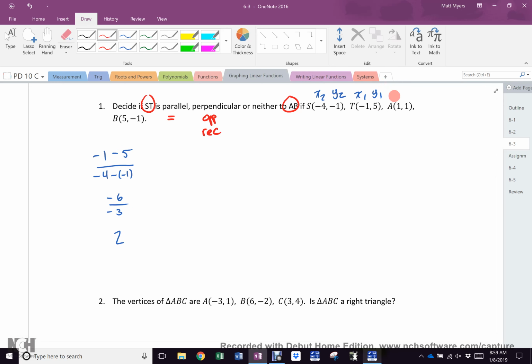I'm going to reverse them this time. I'm going to make this guy y2 and this guy x2. Then make this guy y1 and this guy x1.